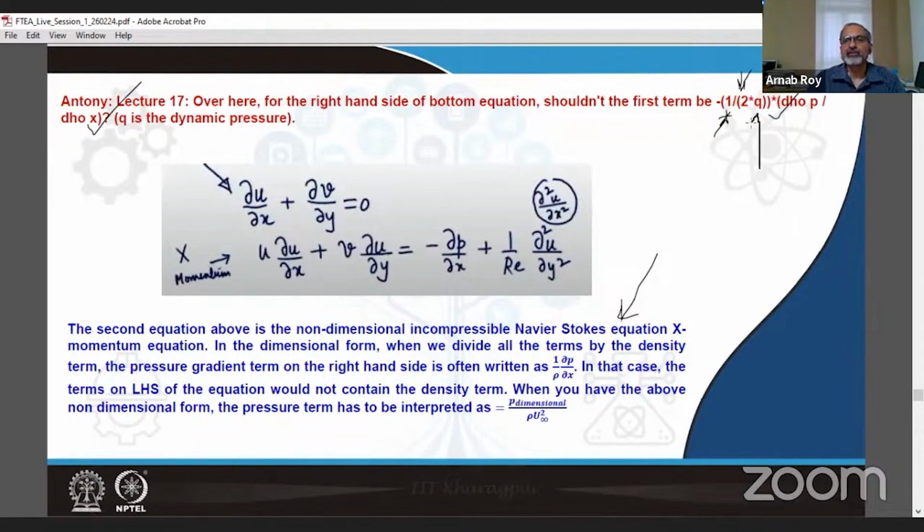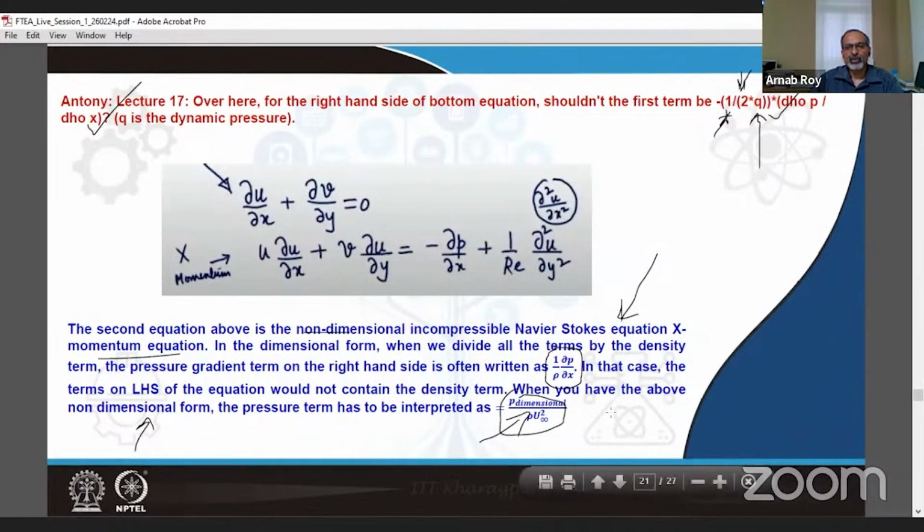of this factor, but how you would like to explain it is like this: the second equation is the non-dimensional incompressible Navier-Stokes equation. It's the X momentum equation. In the dimensional form, when we divide all terms by the density, the pressure gradient term on the right-hand side will look like this, as we all know. In that case, the terms on the left-hand side of the equation would not contain the density term anymore. When you have the above non-dimensional form, the pressure term is most often interpreted as the dimensional pressure by rho u infinity square.